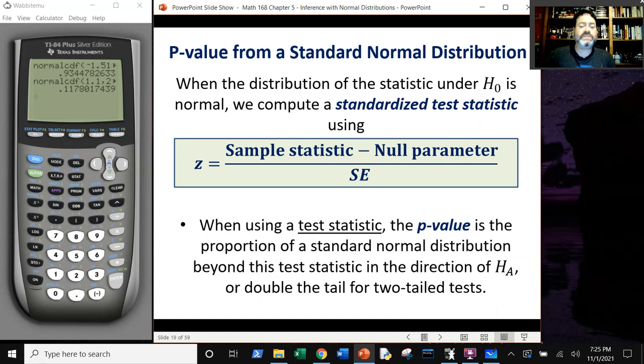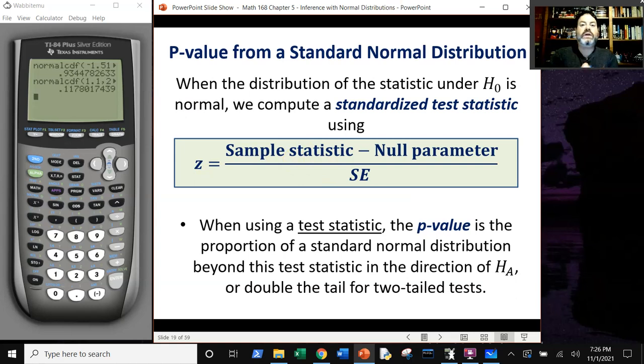So if you have the standard error, either from a randomization distribution or it's just given all by itself, then we compute what's called a standardized test statistic. This is just a different version of the same z-score that we talked about a little bit ago. Your sample statistic is what we were calling X in the formula a few slides back.